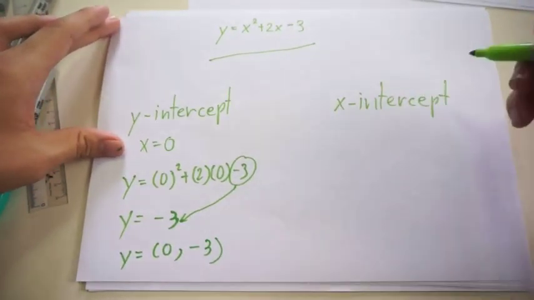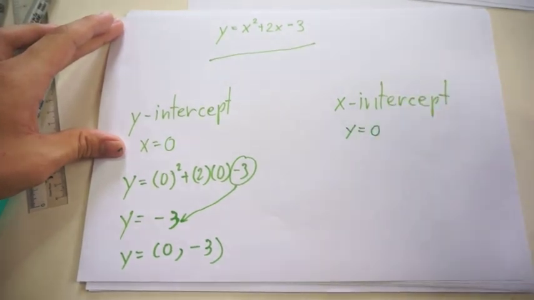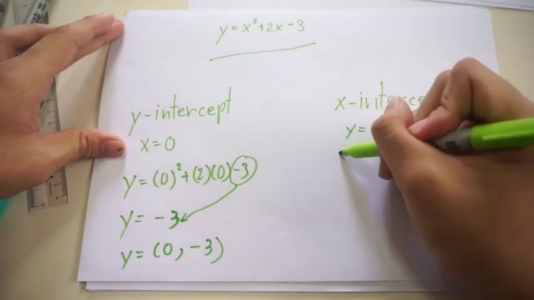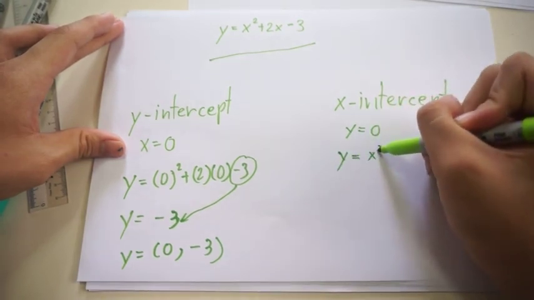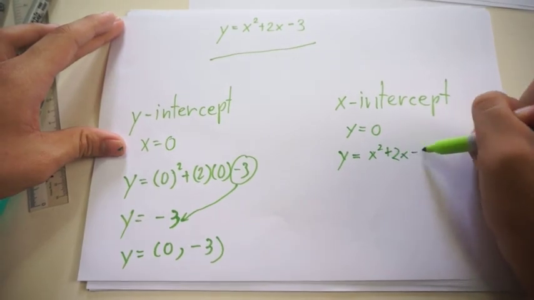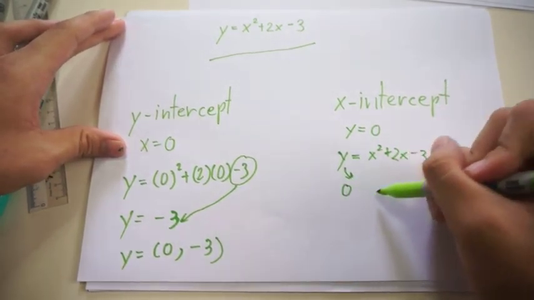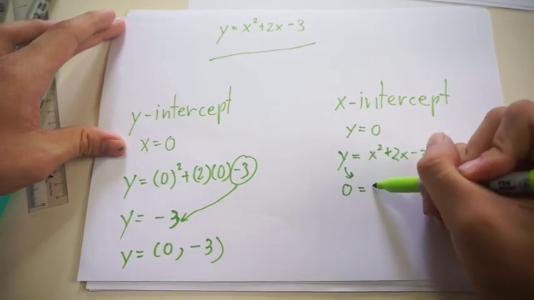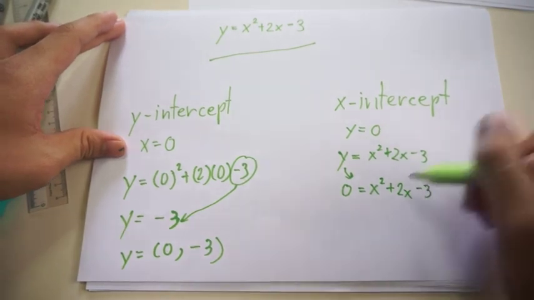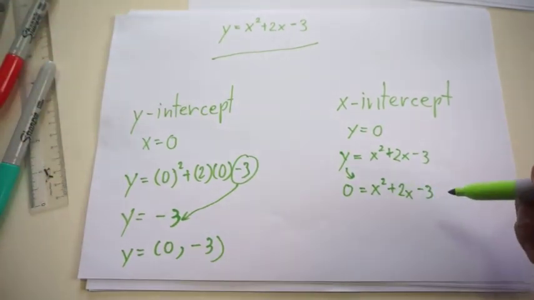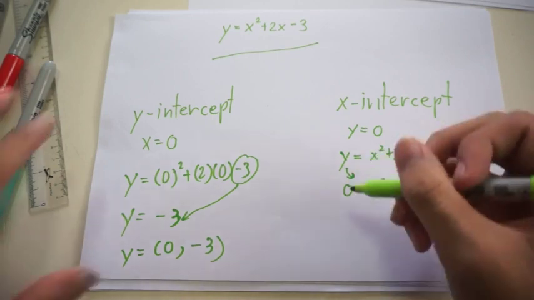And for the x-intercept, we will make y equal to 0 and then replace the equation by this into this. So it will be x squared plus 2x minus 3. How do you do this? Well, we must split it into two brackets.